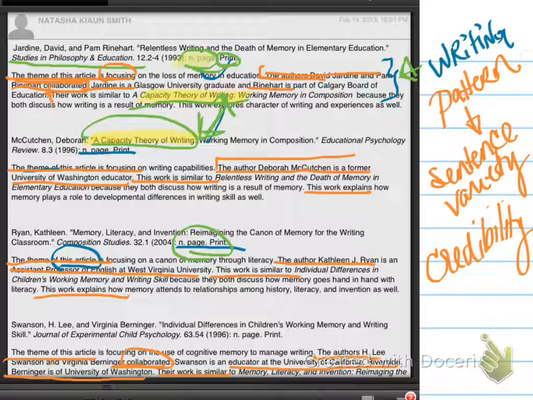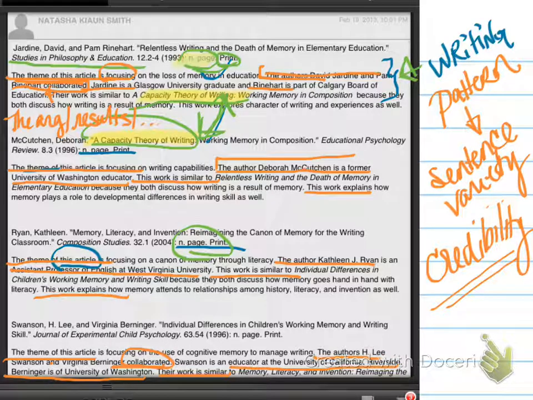This is also something we were talking about today when we looked at your first draft, trying to figure out what you need and what you don't need. What you need is information that tells us something of value, like what makes the author credible, what the main argument is. So rather than talking about the theme of an article, talk about the argument or the findings or the results. Because with academic research, those are often the types of things that they will be trying to show.